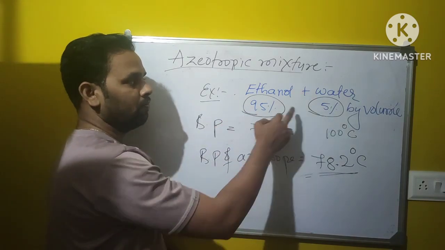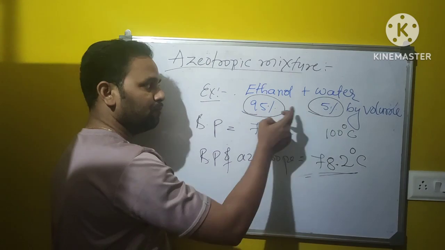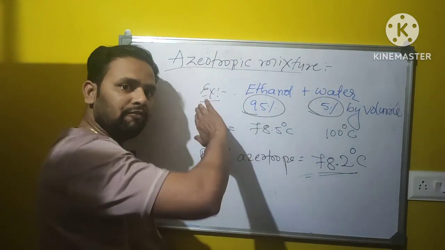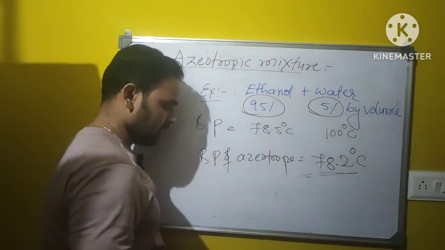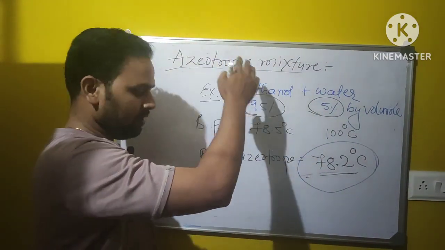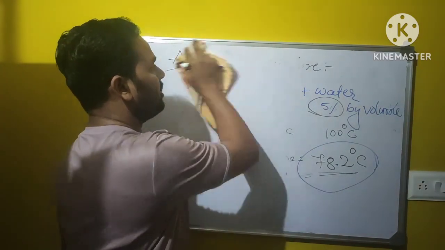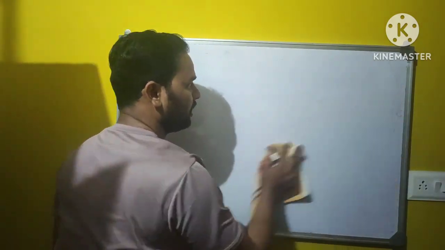A mixture of binary liquids which have the same composition in liquid state and vapor state and boils at a constant temperature is called an azeotropic mixture.